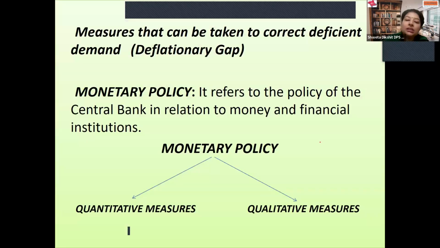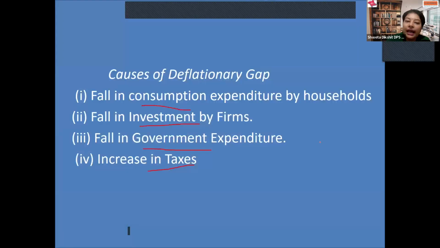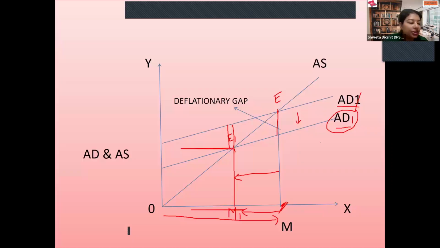Now, the last topic of this chapter is about the measures. What can be taken to control the inflationary and deflationary gap? First I start with the inflationary gap.